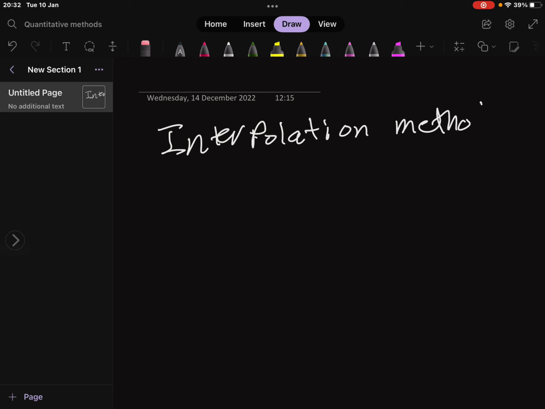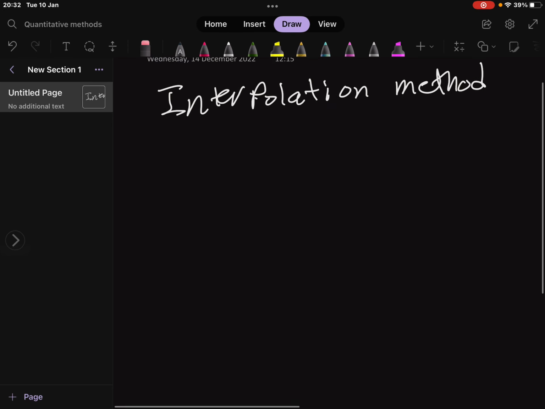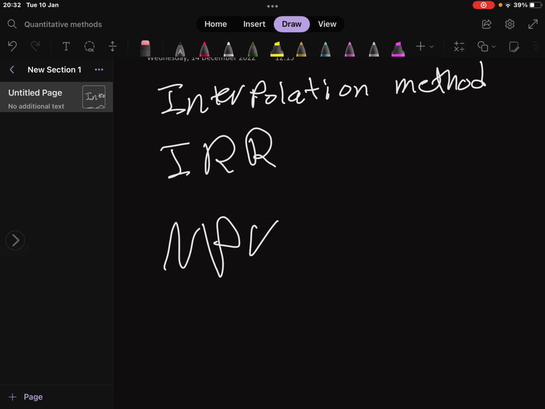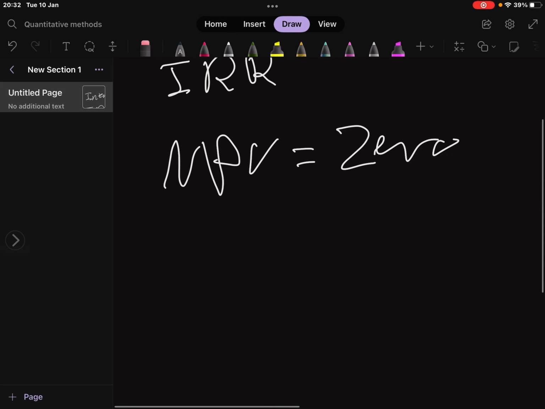It is derived from the concept of the IRR, as IRR is the discount rate that makes the NPV of a project equal to zero. So, how can the NPV be calculated?